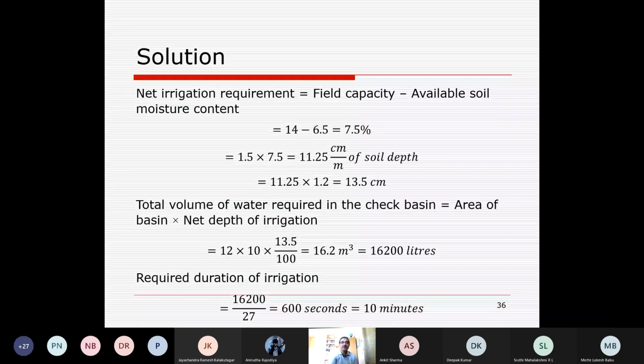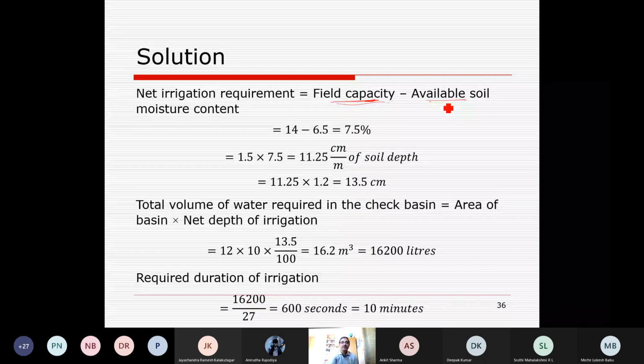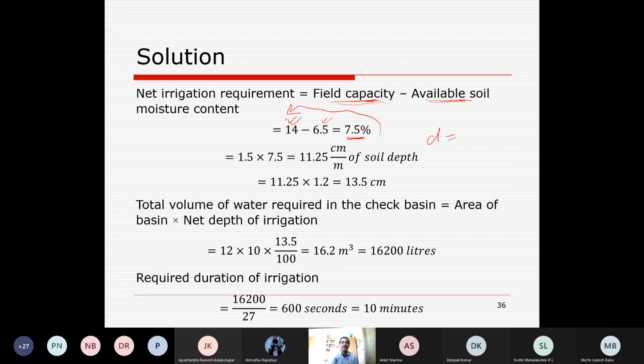Okay, here it's a net irrigation requirement. You can find it as the difference between field capacity and the available moisture content prior to the irrigation. Field capacity is given as 14%, and the difference is 7.5%. You can find out what the depth of water to apply would be to go back to field capacity, that is 14%. So you know that it's a percentage.